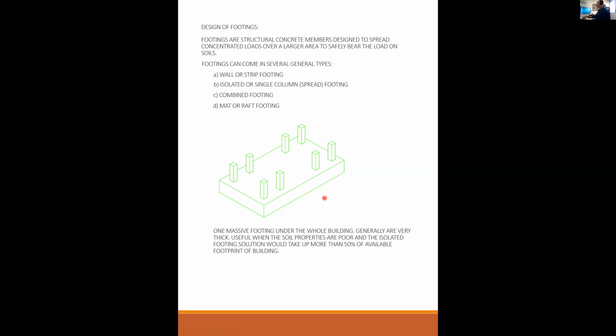Another reason to use a mat foundation that I didn't mention is, I don't know how familiar you guys are with the San Francisco area, but I used to live up in the Bay Area many decades ago. And I got to visit the convention center in San Francisco, the Moscone Convention Center, when they were pouring the foundations. And the foundation was a ginormous mat foundation that oscillated between 6 and 12 feet thick.